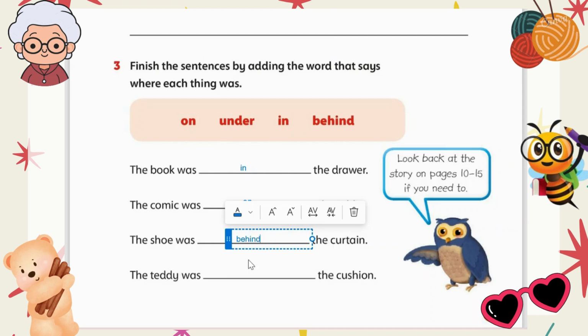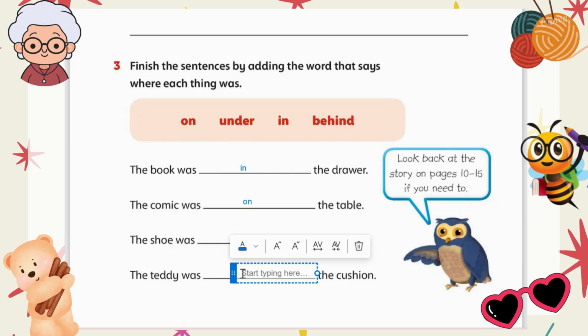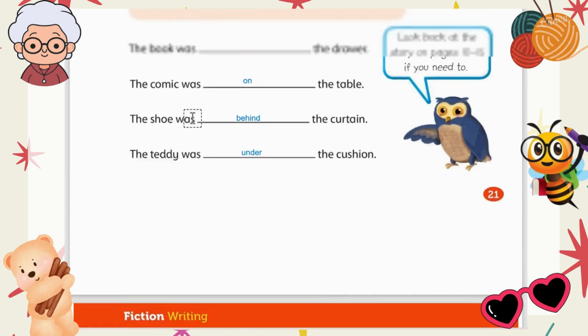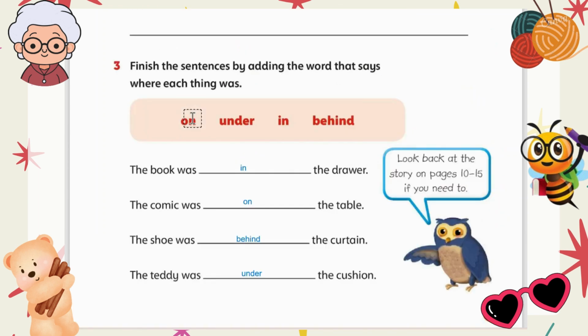So Mom found the shoe behind the curtains. The teddy was under, in, or on the cushion? Yes, the teddy was under the cushion. Why? Because when Megan moved the cushion, there was the teddy under the cushion. So this is part C of this exercise.